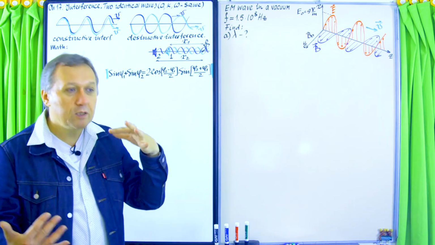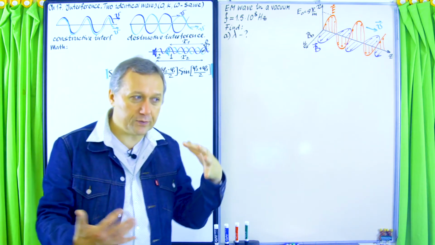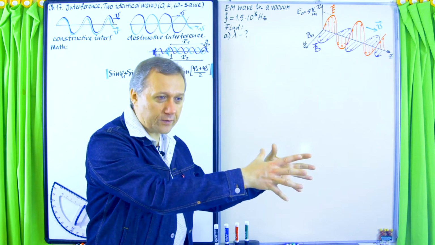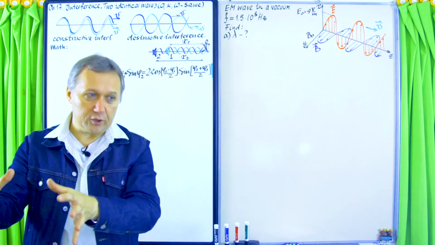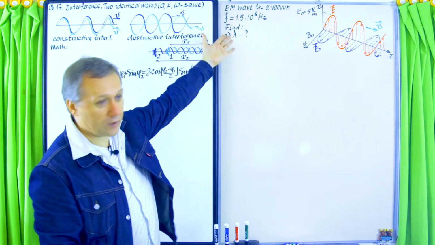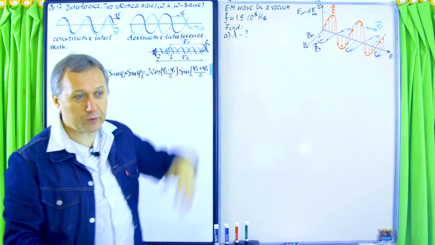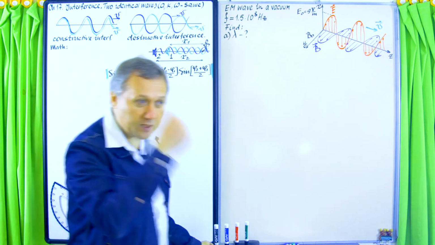So speed works as a bridge between temporal quantities and spatial quantities. In this case, we have temporal information and we want to get spatial information. Speed of light helps us.